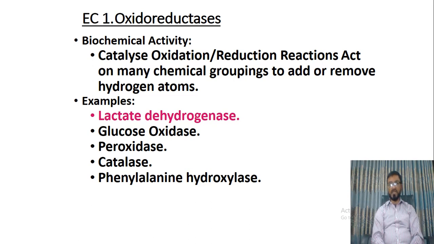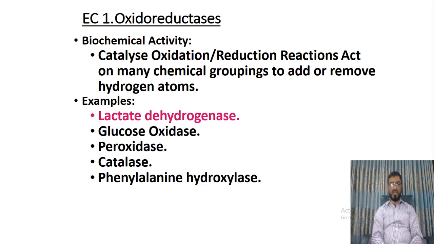Basically, as the name indicates, it is involved in catalyzing reactions of the oxidation-reduction type. It means it may be involved in adding or removing hydrogen atoms, electrons, or addition of oxygen, and so on.